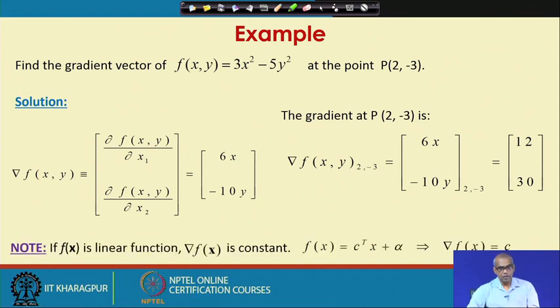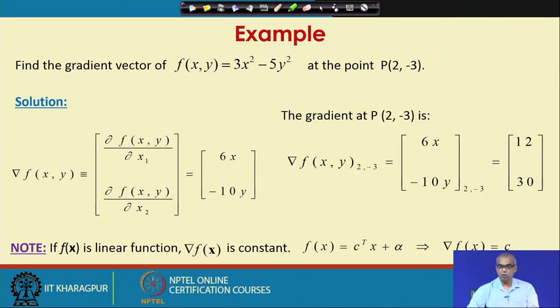Note that if a function is a linear function, the gradient vector will be constant. You can easily find it. Consider f(x) equal to c transpose x plus alpha, where alpha is some constant. So, this is an expression for a linear function. It is something like f equal to a x plus b.